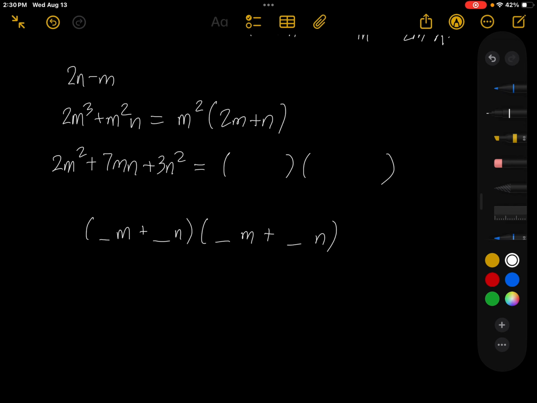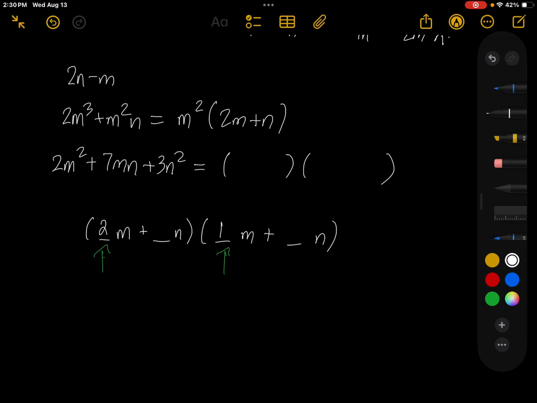And when I distribute, I'm supposed to get 2m squared. So I want those two numbers to multiply to 2, so let's try 2 and 1. Now if you think about it, that's really the only option, because you have 2 and 1 and 1 and 2. Well, that's just going to switch the order, but that's fine.